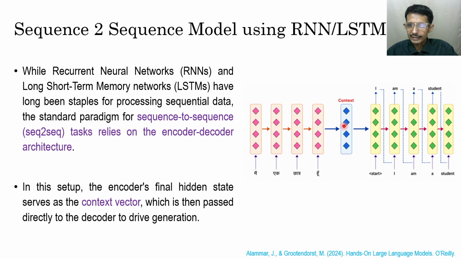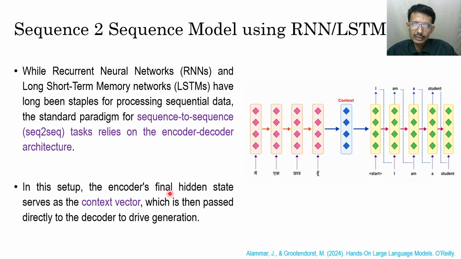It's extracted as a context, which goes to the decoder part. This is the decoder sequence. This is another RNN or LSTM, and this will generate the output. So this is the basic architecture of encoder decoder for sequence to sequence.